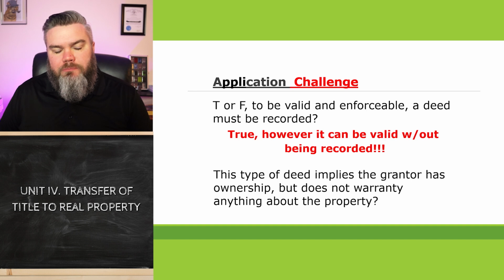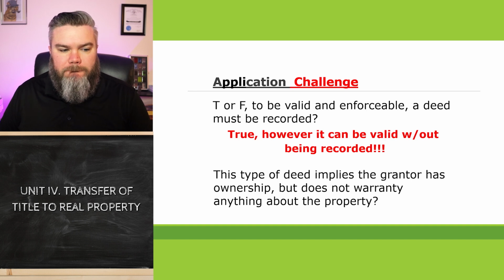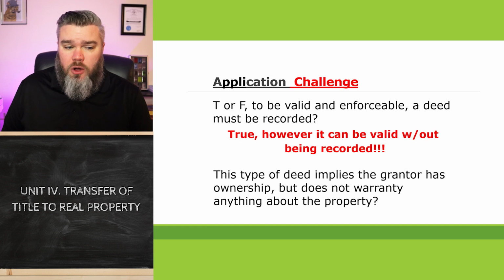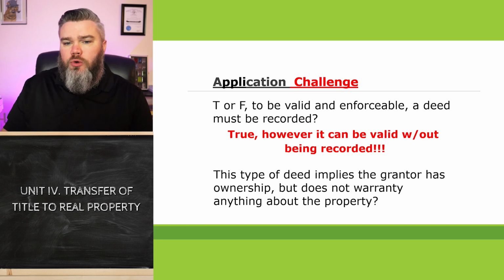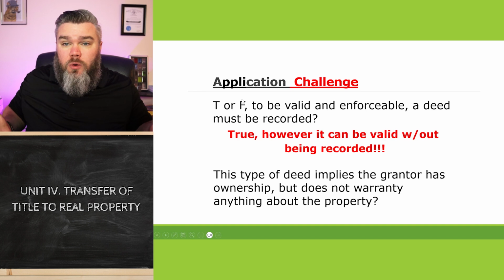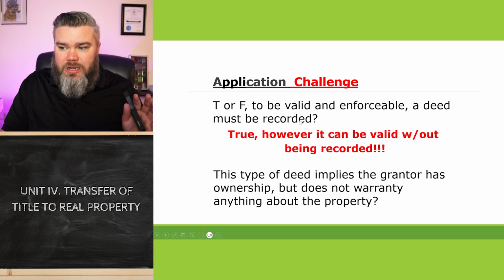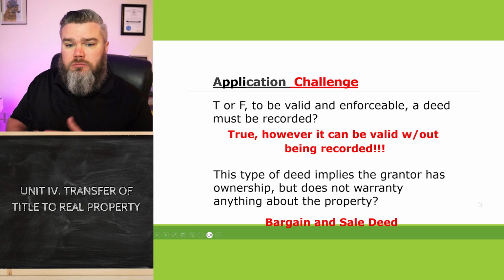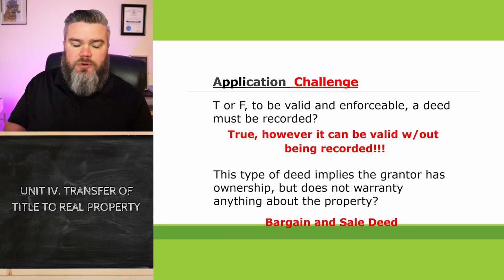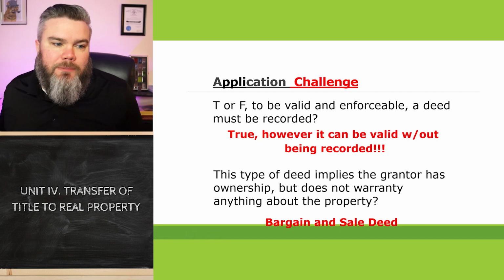There is an implication of ownership. There you go, Paige. I'm pretty sure I own it, right? There is this implication of actual ownership. Remember the quitclaim? I don't know if I own it or not. That's the difference. This one is a bargain and sale deed. I'm pretty sure I own it, and whatever I own, I'm transferring to you. So this is a bargain and sale deed.